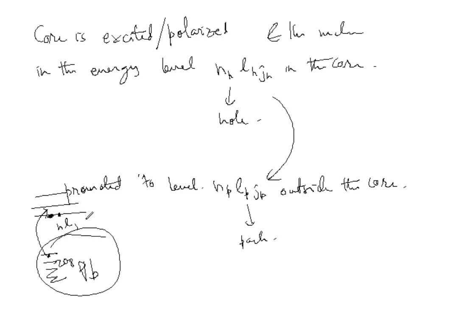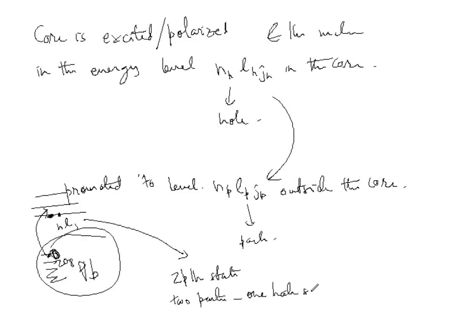And as a result, since one particle is over here, there is a hole as well left over here. So this state is known as a 2p1h state, or basically a two particle one hole state.